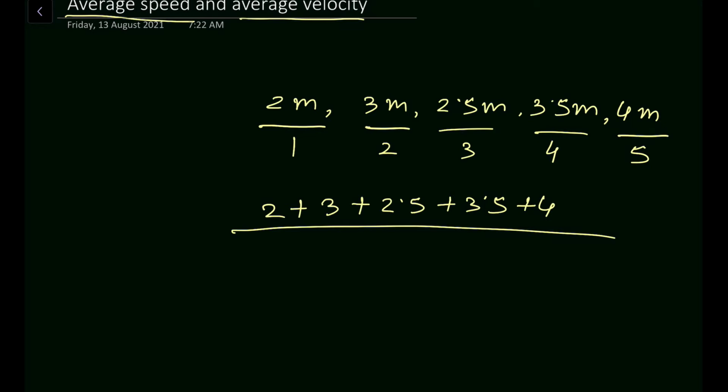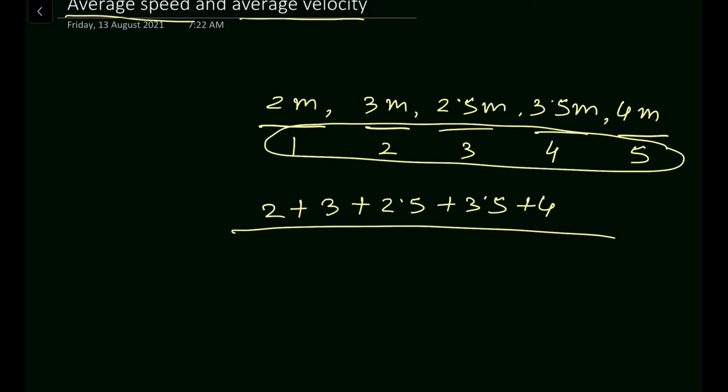Now we have a total of 5 measurements, so if we divide by 5, we will have the average. 2 plus 3 is 5, 5 plus 2.5 is 7.5, then 11, and 11 plus 4 is 15. 15 divided by 5 gives an average value of 3.